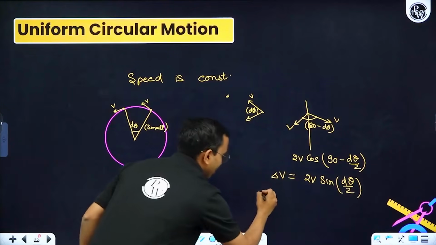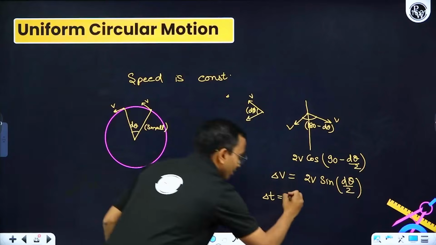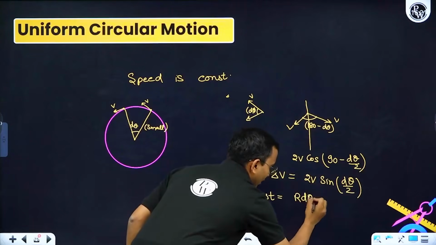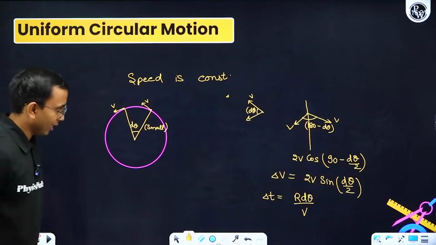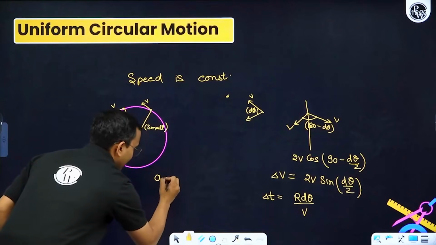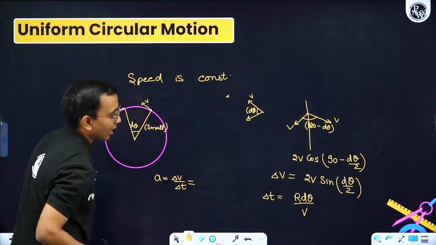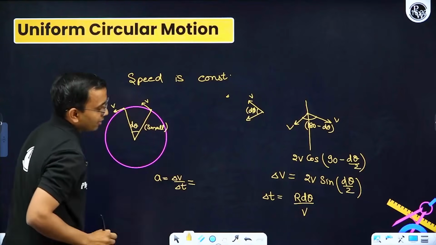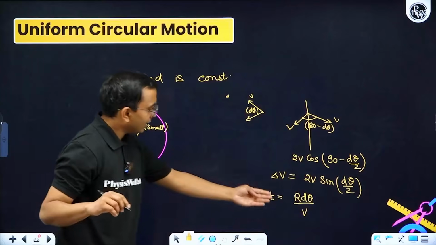And what is delta t? Delta t is the distance it covered, r d theta, divided by the speed with which it was moving, v. Divide the two to find the acceleration, delta v by delta t. That is sine d theta by 2, which you can write as d theta by 2, and d theta will get cancelled.